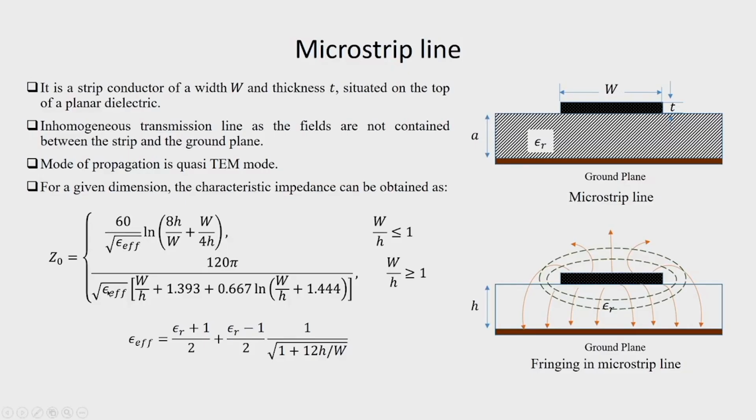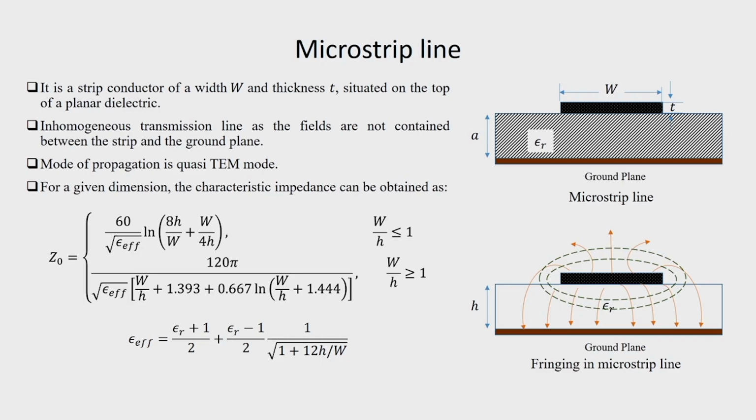Now, this equation we have seen is the analysis equation. This means given w, h and epsilon r, please note that we are assuming the thickness t to be very small, almost 0, we can find out the characteristic impedance of the line.